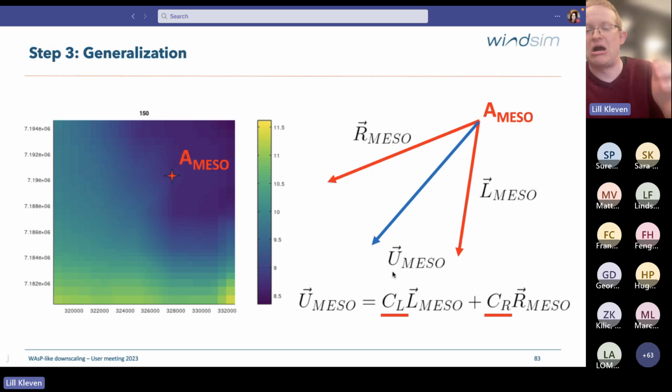For every mesoscale wind vector at the given instant in time, you can define the sector that lies to the left of the wind and the sector that lies to the right of the wind. And then you can represent the mesoscale field as a vector combination of these two sectors.